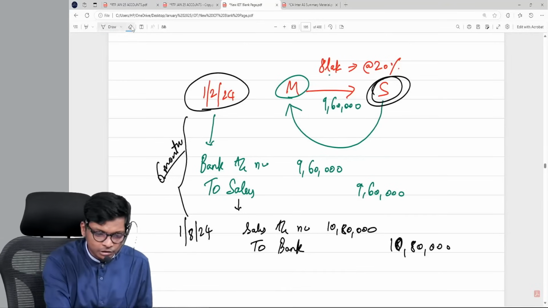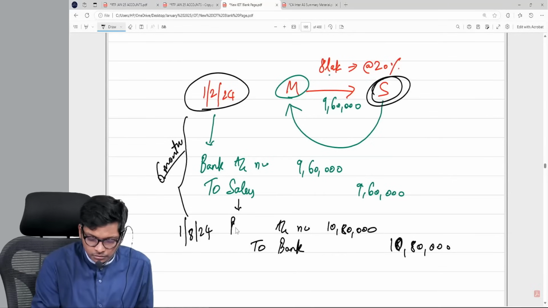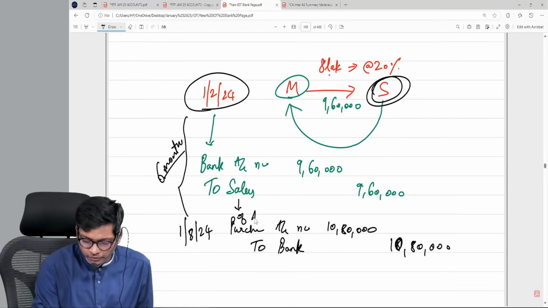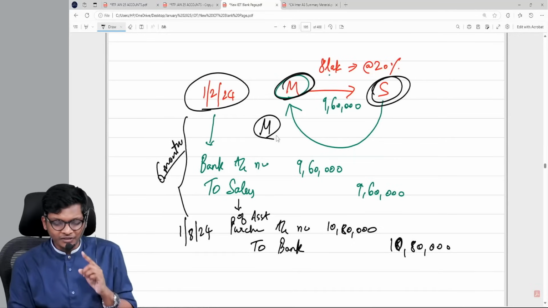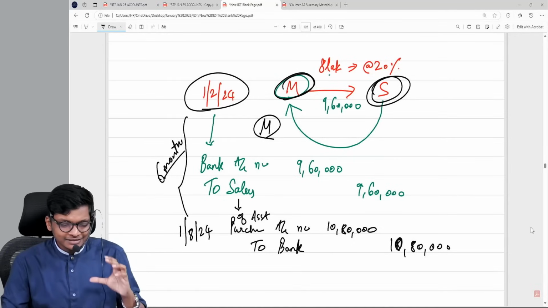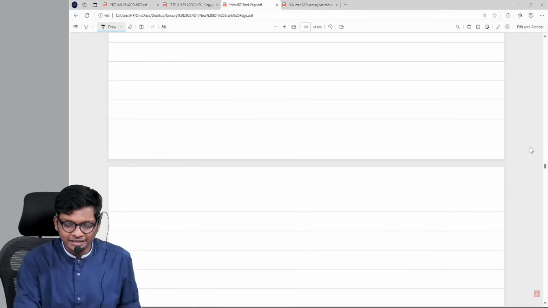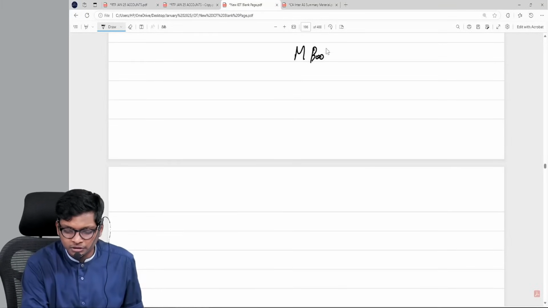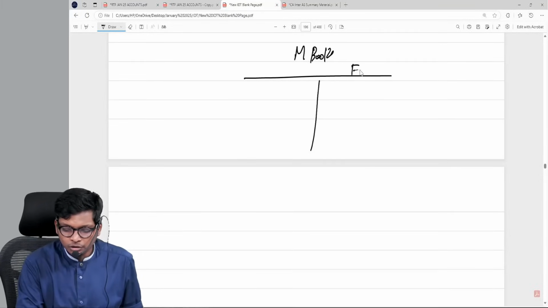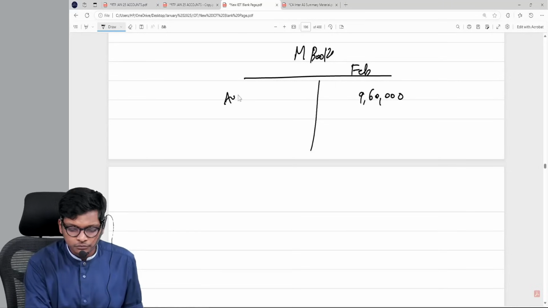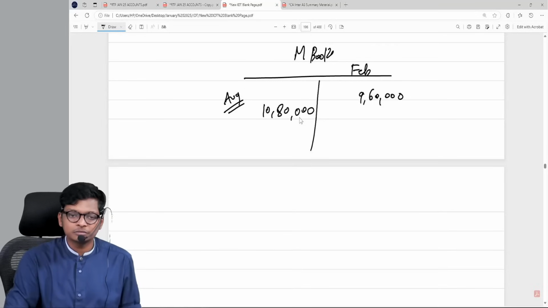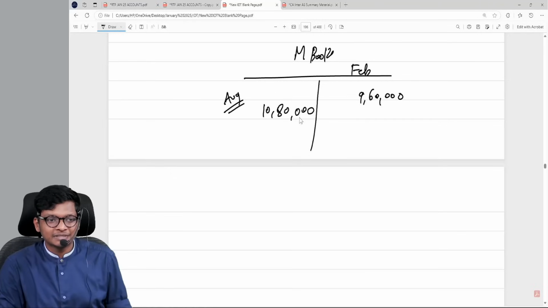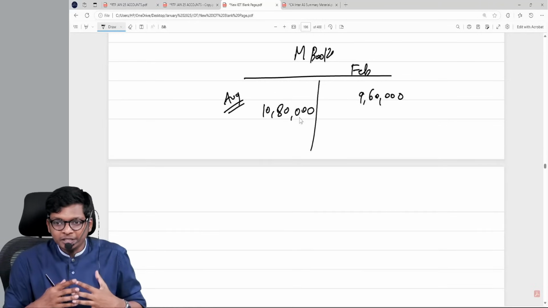So what is happening for M? If I take M out of books, in the month of Feb he is writing a sale of 9 lakh 60, and in the month of August he is writing a purchase of 10 lakh 80,000. This is not a sale. This is a planned sale to arrange for finance.